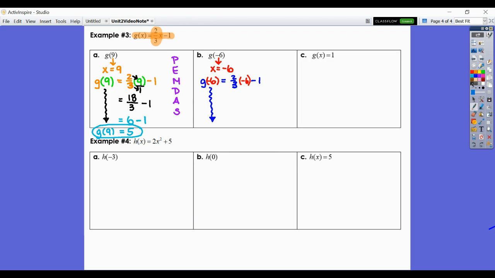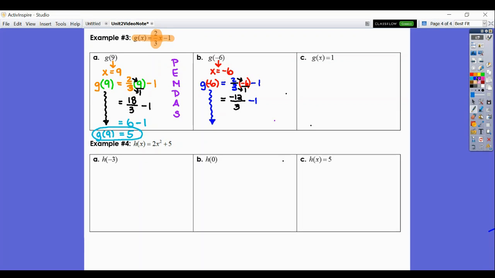We're going to go ahead and multiply here. We put the negative 6 over 1, and we multiply the two numbers in the numerator. 2 times negative 6 is negative 12. And two numbers in the denominator, 3 times 1 is 3. Don't forget about your subtraction of 1 that you have to bring down. Next in our order of operations is division.